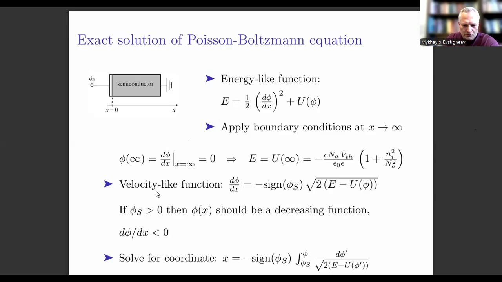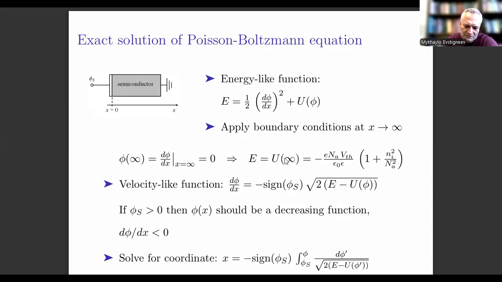Applying these boundary conditions at x goes to infinity, setting the potential to zero and the electric field, negative dφ/dx, to zero, we find that this energy-like function equals the value of the potential energy-like function at x goes to infinity.